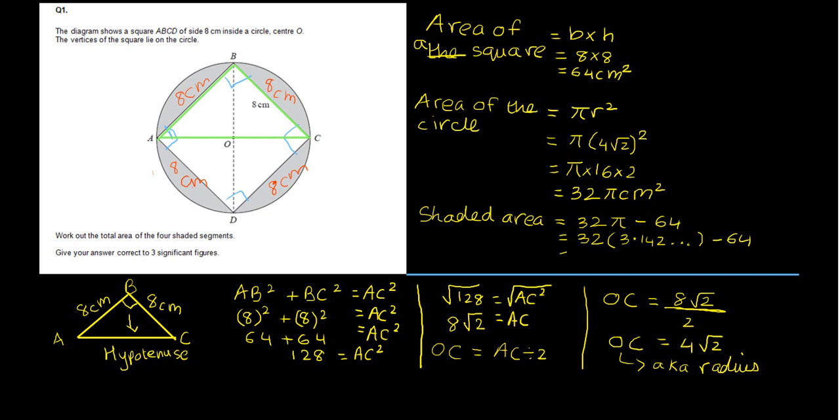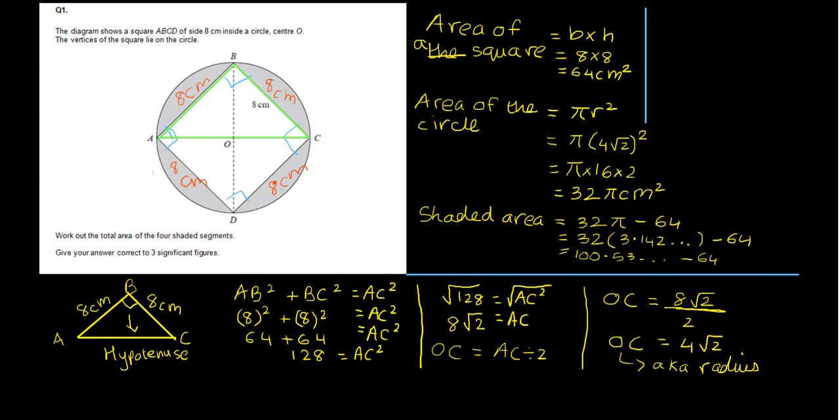Oh, I'm so close to running out of space. 100.53 dot dot dot minus 64. What I'm going to do, I'm going to continue. Let me draw another line. Let's use a blue box.